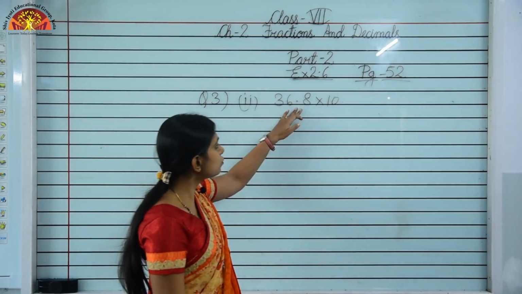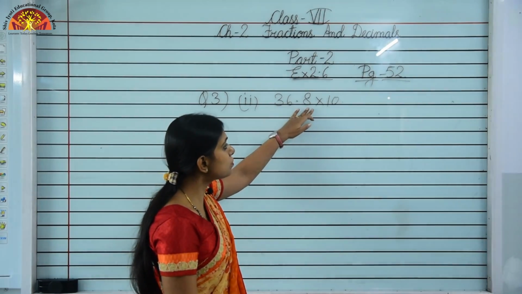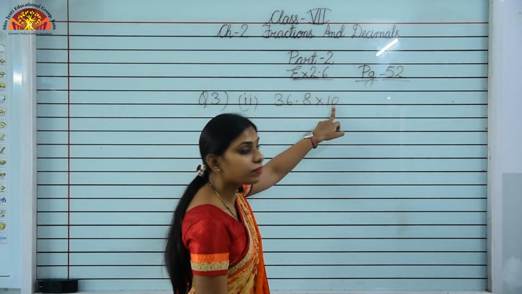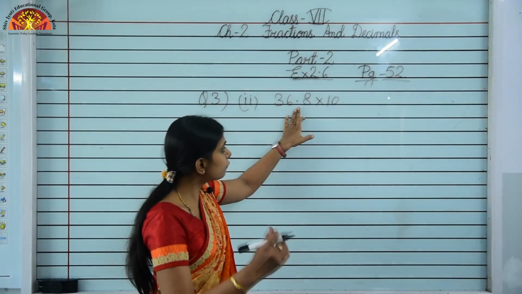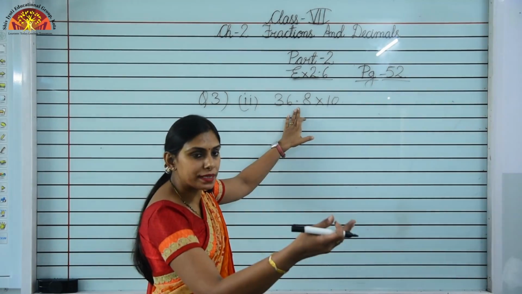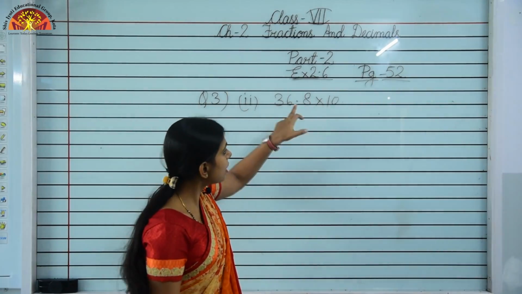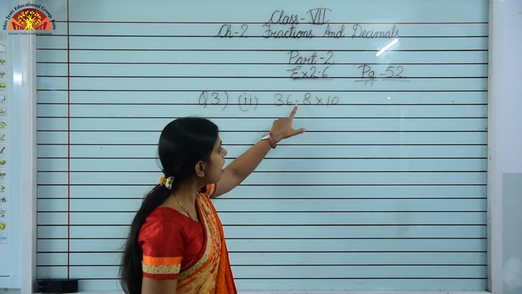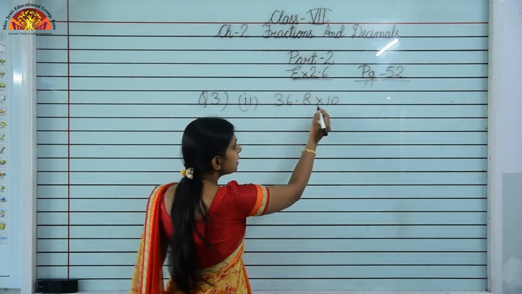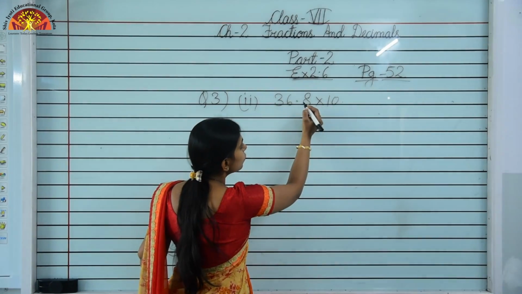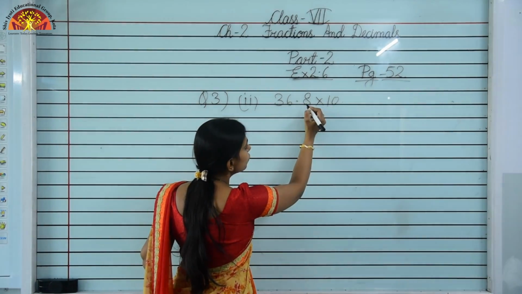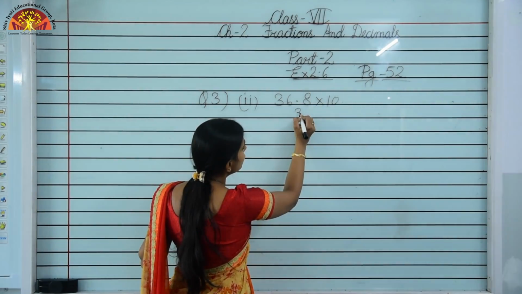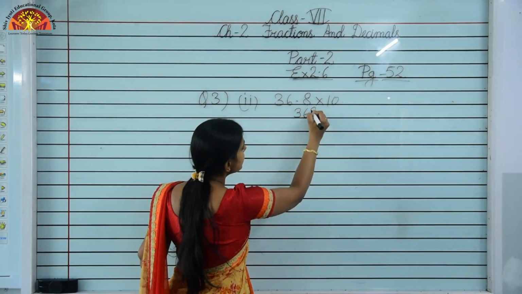So whenever you are multiplying in terms of multiples of 10, how many zeros are here? 1. So the decimal will shift one place forward. Where is it now? It is after 6. Now since we are multiplying by 10, the decimal will shift one place forward. So this is the digit. So it will become 368.